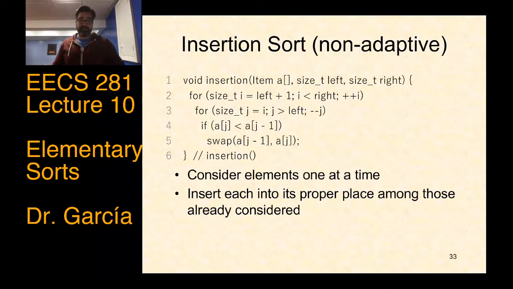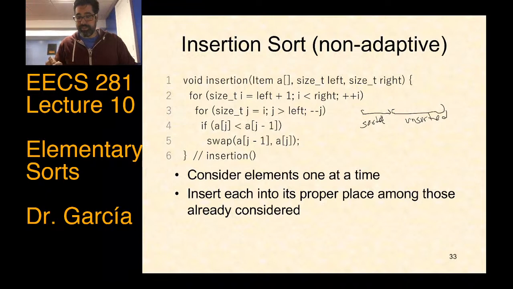The idea with insertion sort is similar to selection sort in that you again have sorted versus unsorted parts of the array. What insertion sort is going to do is consider whatever the sorted portion is, and consider an ever increasing size of the sorted portion.